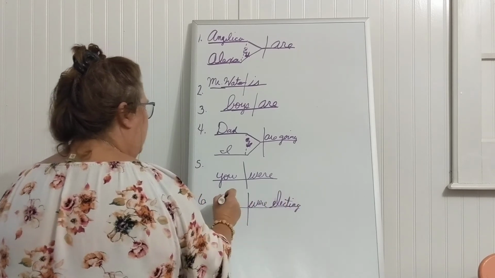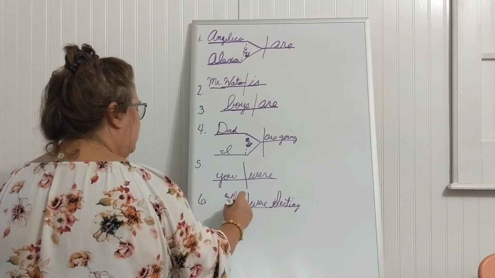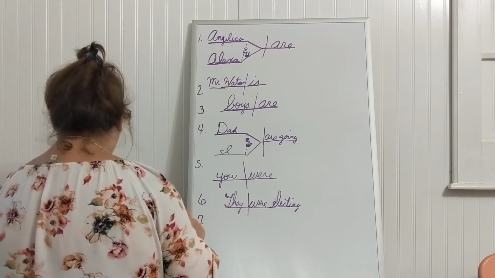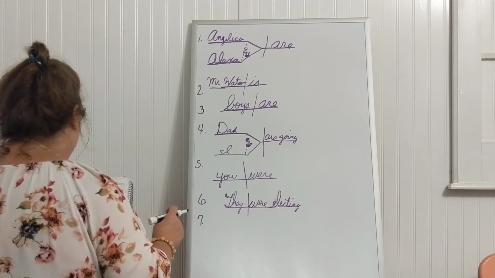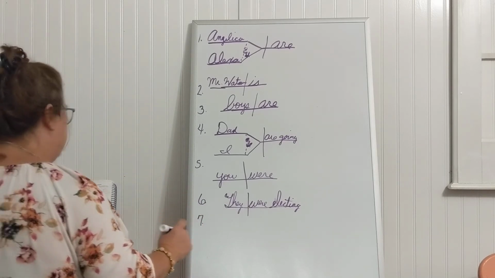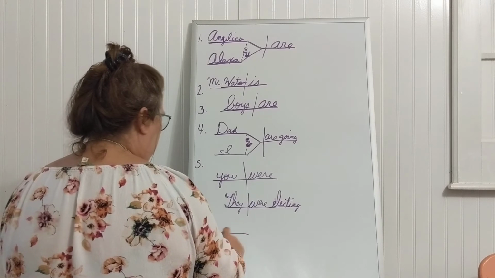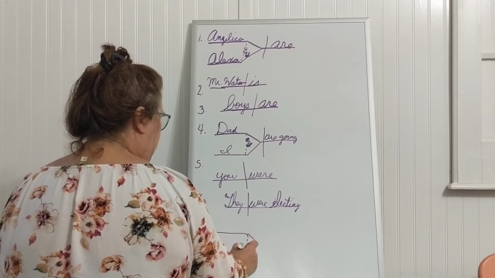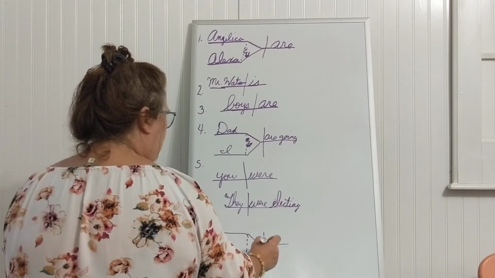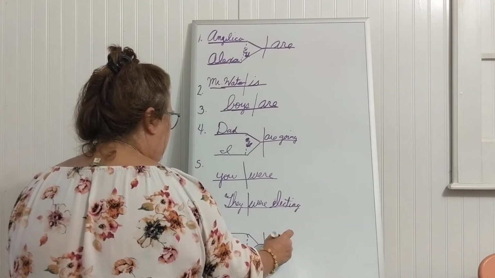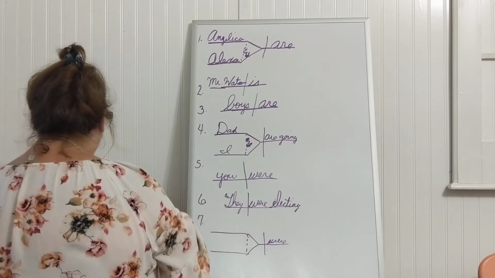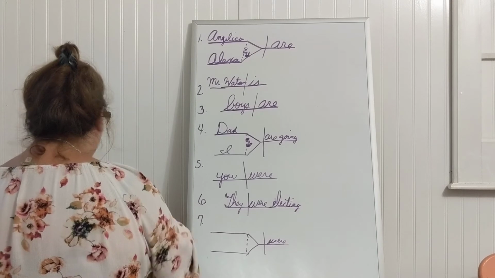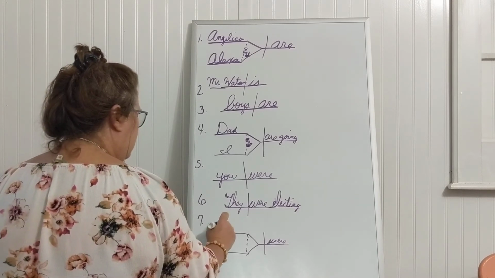Who or what were electing? They is our subject. Number 7. Allison and Paige were at Sunday school. We have a compound subject again, so our rocket goes on the subject side. Were is our verb. Who or what were? Allison and Paige.